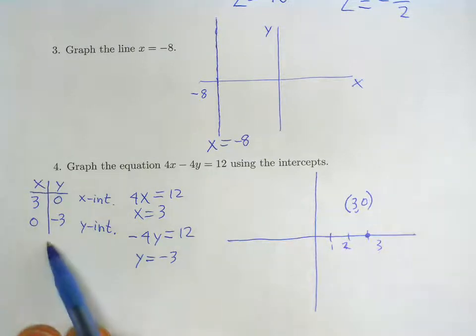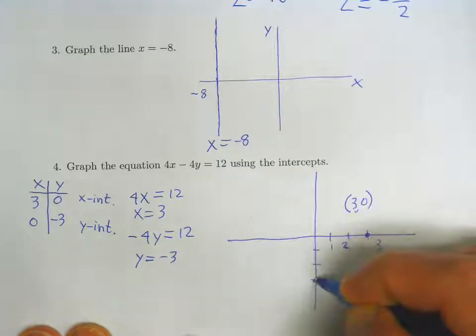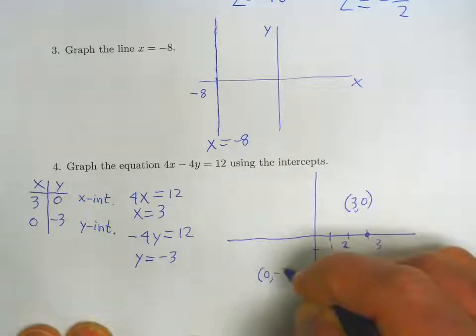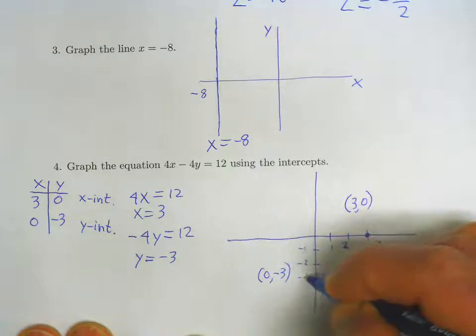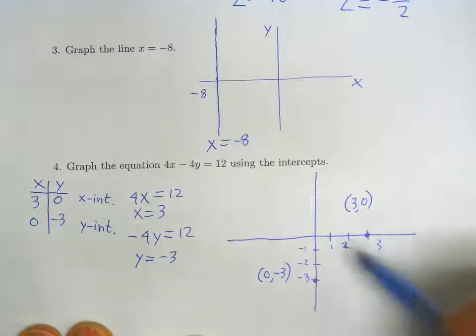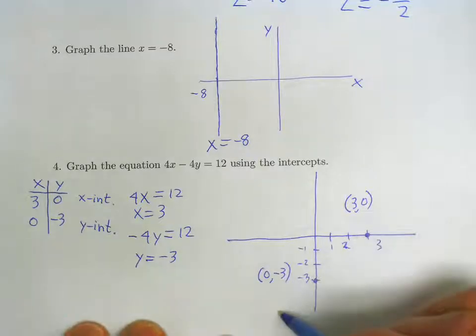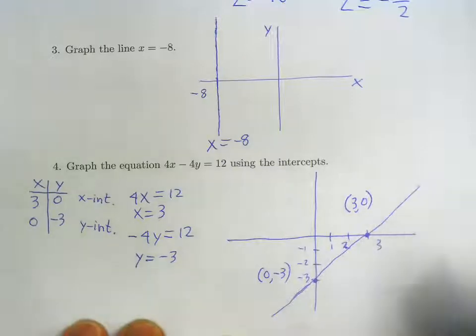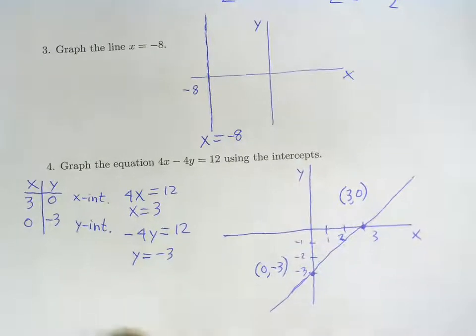The y-intercept, (0, negative 3), is also an ordered pair. And then in order to graph a straight line, you just need 2 different points. So we have 2 points, and then draw a straight line through those points. So that's the graph of that line.